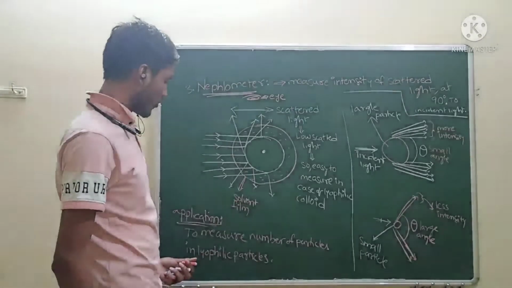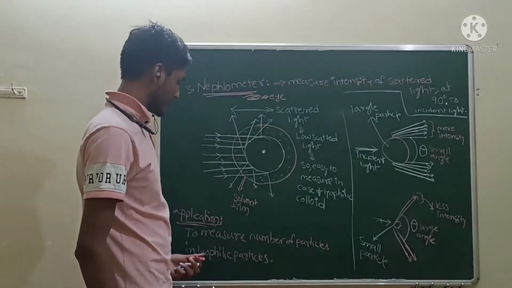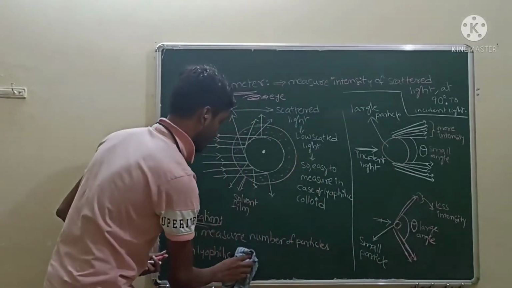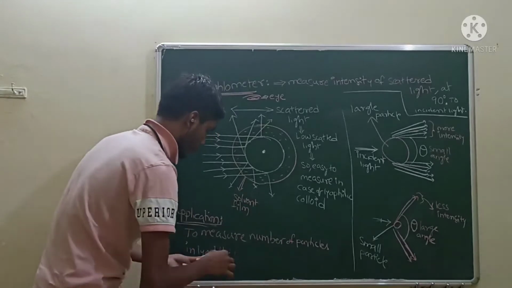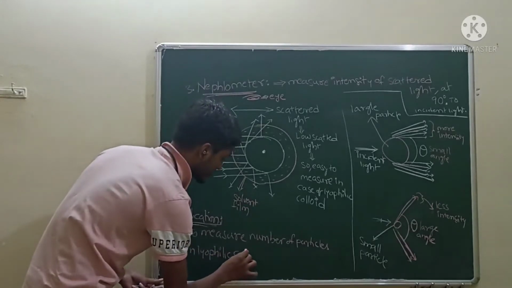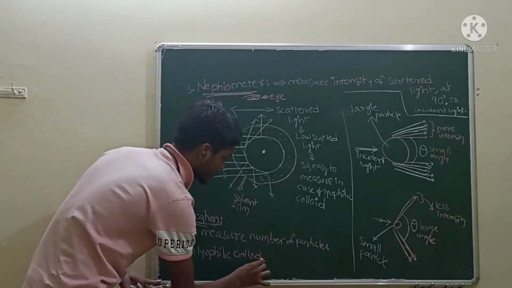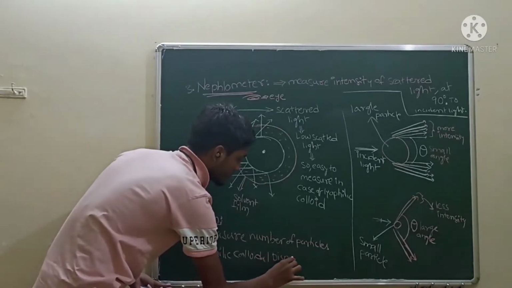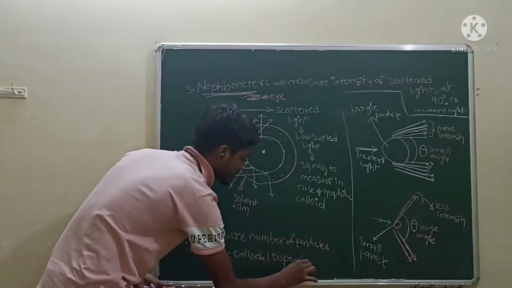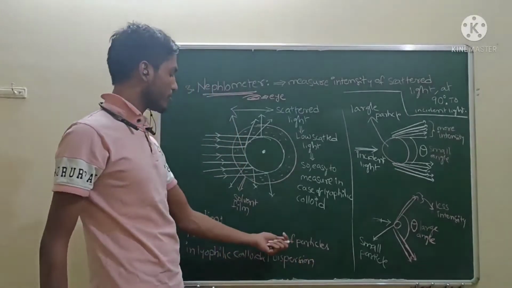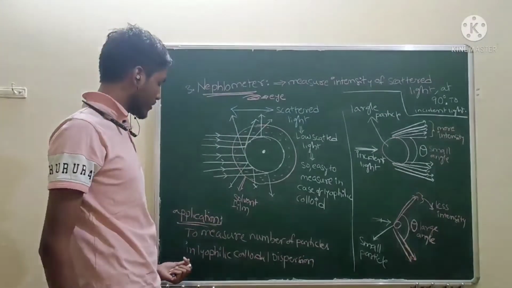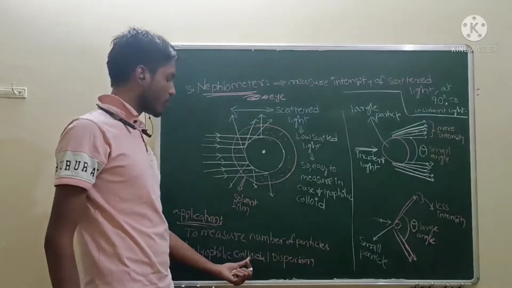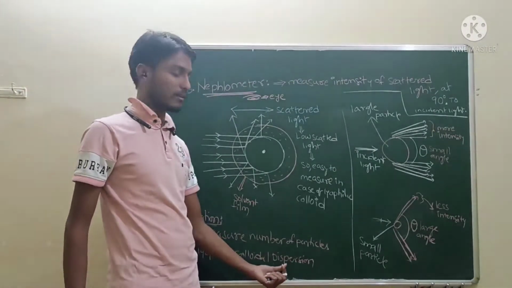The number of particles is nothing but the concentration of colloids, meaning lyophilic colloids present in the lyophilic colloidal dispersion.